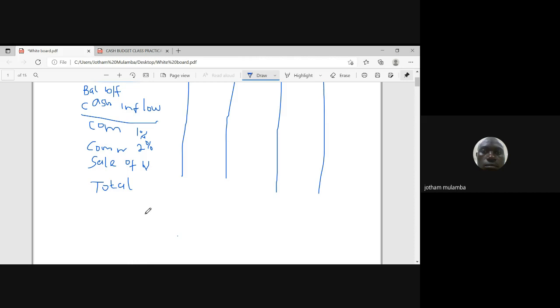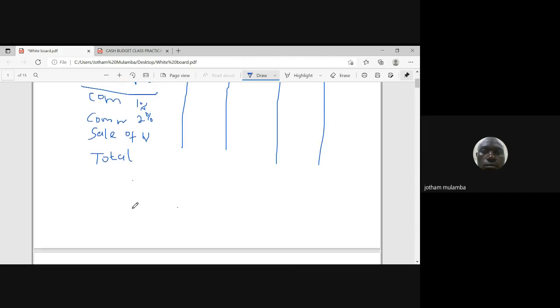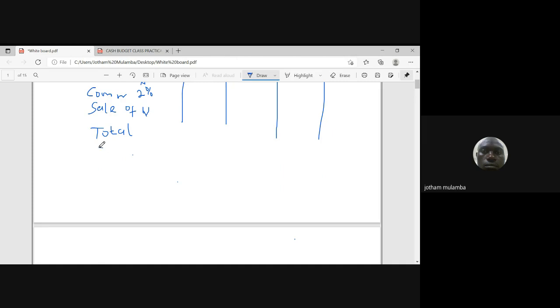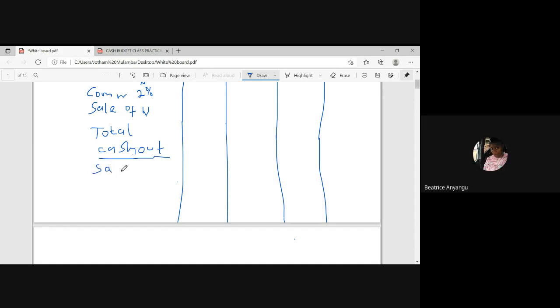Once you have gotten total, we'll have cash outflow. Because I erased what you had written, I will request you to assist me list them. Just a minute, I will elongate this. So who is giving us the first cash outflow? Salary. A salary, thank you. The second one?